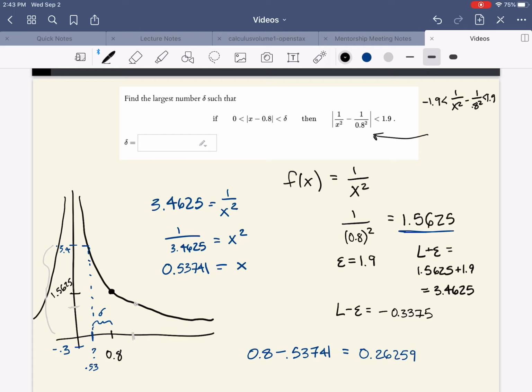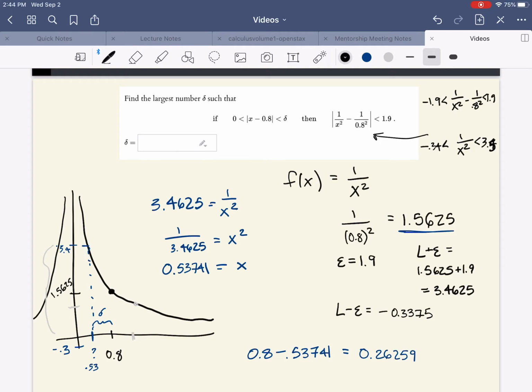I mean, what I'm doing when I add 1 over 0.8 squared to both sides is I'm computing the numbers that I found here, right? That I did right away. This number 3.4 and negative 0.3. And so what happens here, I get negative about 0.34. And I get positive about 3.4, not exactly, but about 3.5, I guess, 3.5.